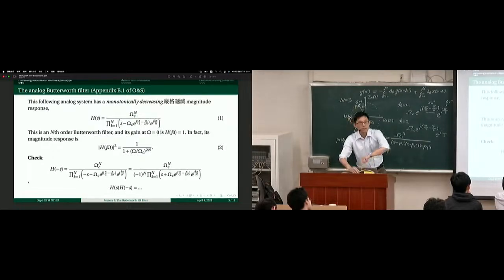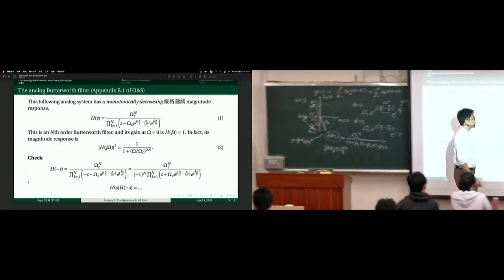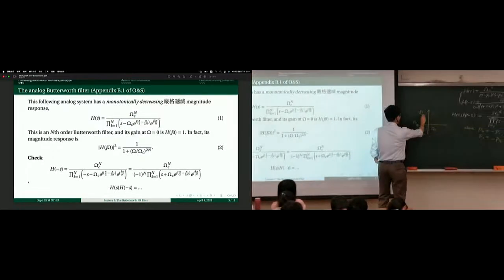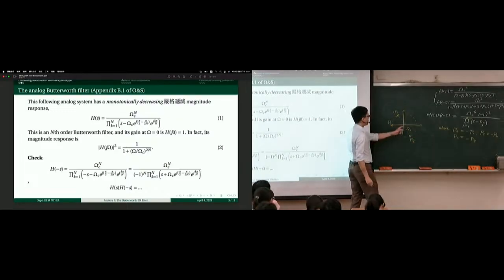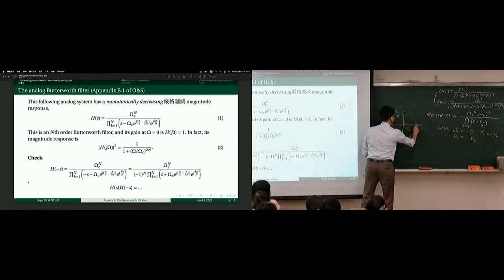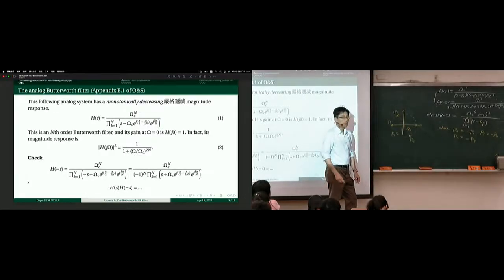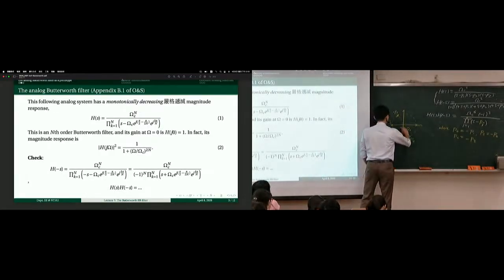Symmetrically, p1 is here, p4 is right here. And p5 is simply right here on the real axis, and p6 is right here.